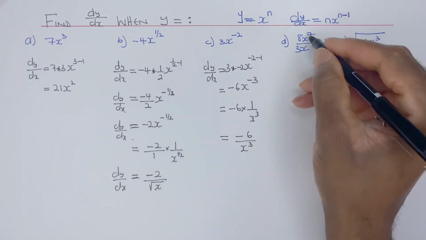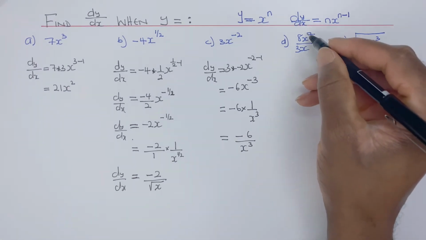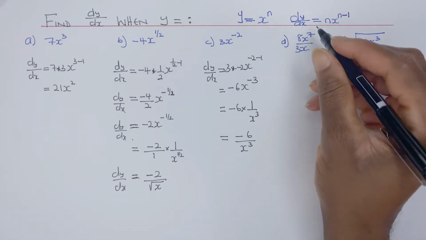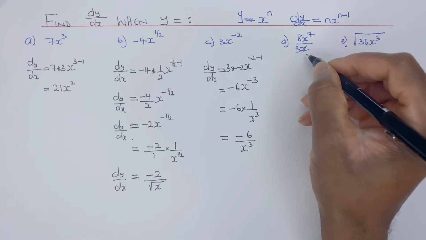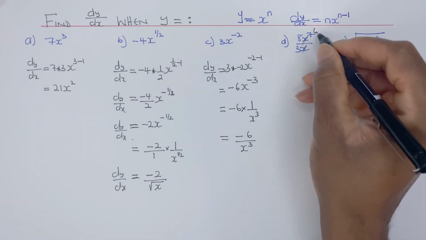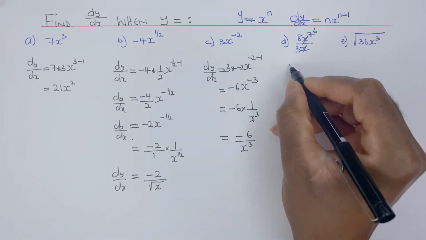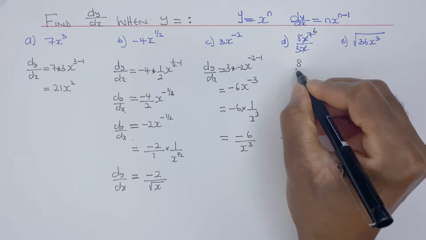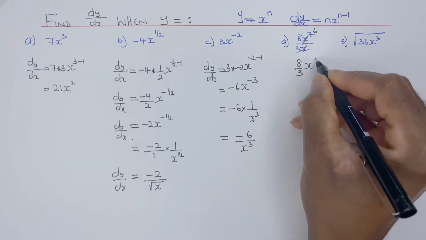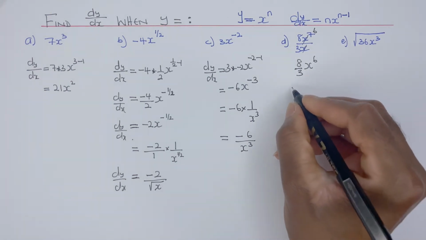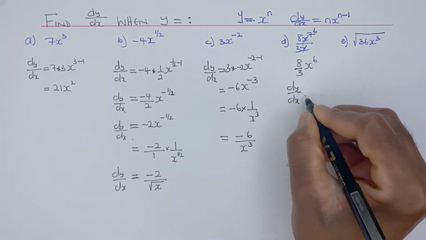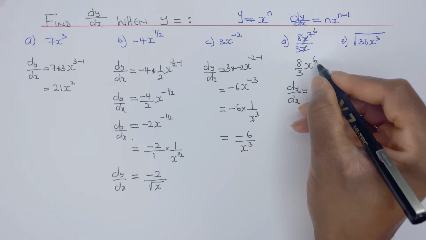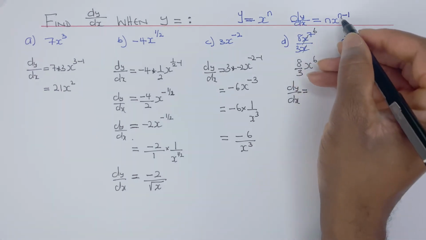For d, we have to simplify this. This is a quotient, but we don't need to apply the quotient rule here because we can simplify this. x cancels x, you get x to the power 6 left. So basically we have 8 over 3 x to the power 6. So therefore we can say dy/dx will be, well, the power is 6, so n is 6.